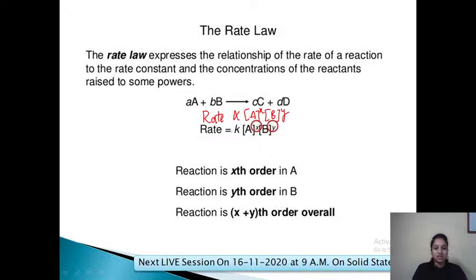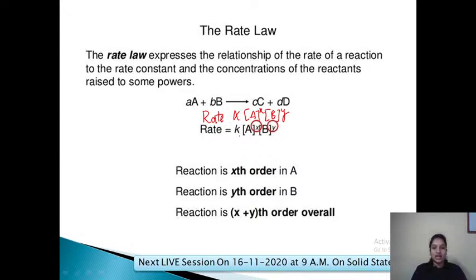So now your rate will be equal to k, concentration of A raised to x, B raised to y. Now what are this x and y? This x and y may or may not be equal to a and b. They may or may not be equal to the stoichiometric coefficients of the balanced chemical equation, right?